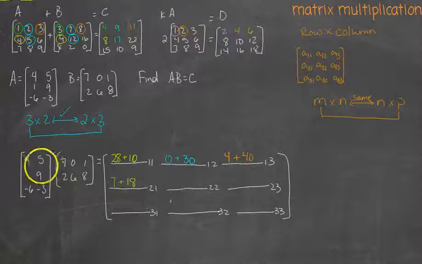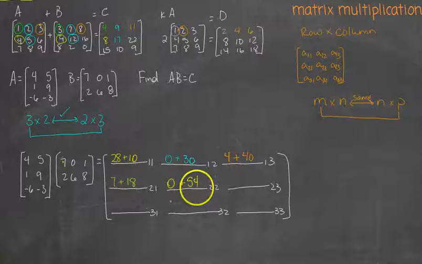Element by element. First to first is 0, plus second to second, 6 times 9 is 54. Second row, third column. 1 times 1 is 1, plus 9 times 8, 72.